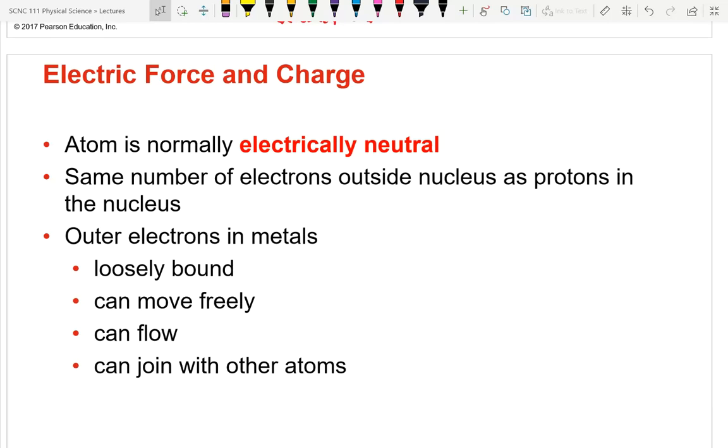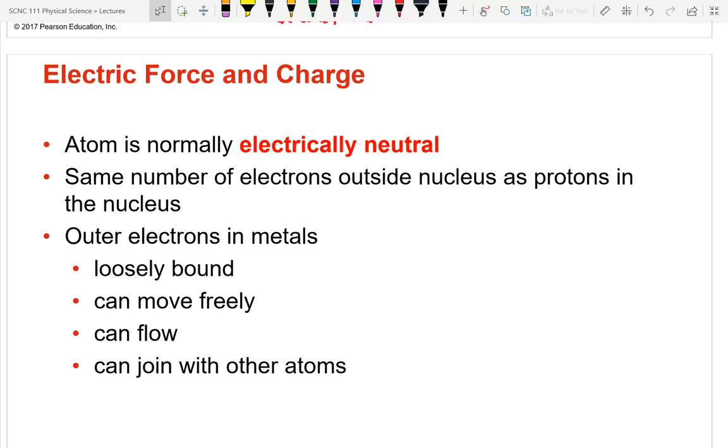Now, if you look at that periodic table of elements back there, you see that it has the top left corner H, and inside the box, top right corner inside the box, it says 1. That number in the top right corner of the box tells you how many protons are in the nucleus. Each box is a different element, and the elements are defined by the number of protons in the nucleus.